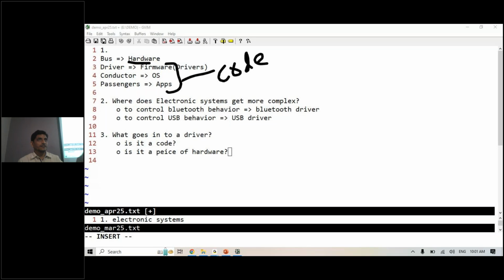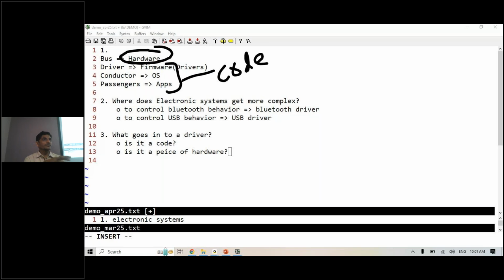Are you clear? So when we say an embedded system engineer is developing some driver code, he is basically developing a piece of code. What is that code going to do? That code is going to control the hardware behavior.